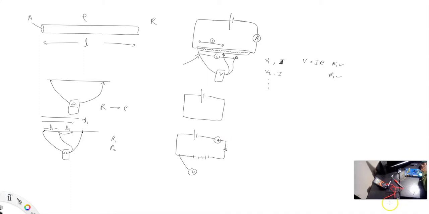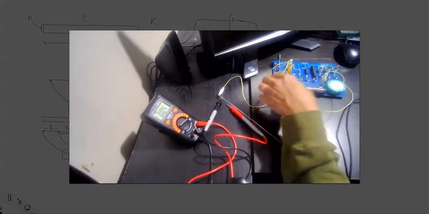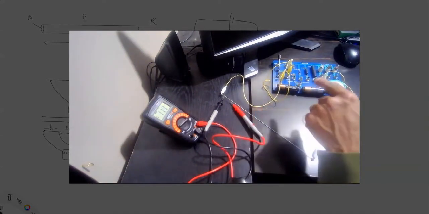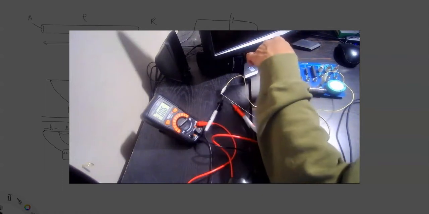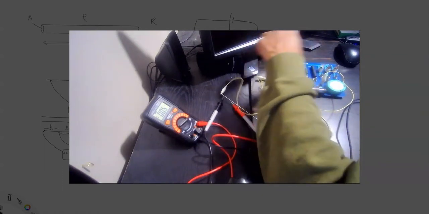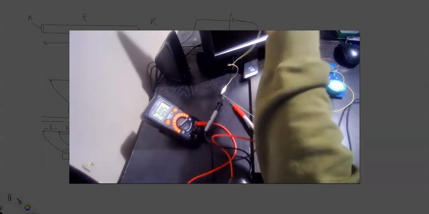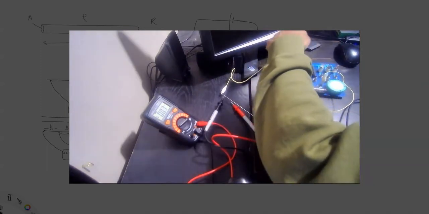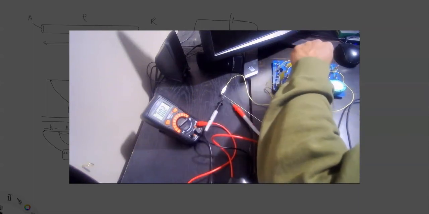So, real quick, I'll show you what I do. Go back here. Instead of directly taking current out, I'm going to put it here, and I'm going to take it now. The current goes here, comes out. I'm going to use one of these resistors.